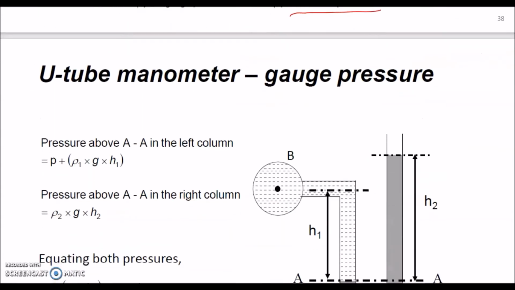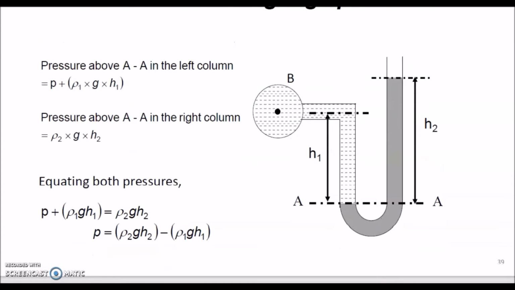Then the U-tube manometer that measures gauge pressure. Same here: in the left column, or left limb, we have the pressure at B plus the pressure from H1. So we use the density for the left column, g is 9.81, and the height is H1. This is for the left column.